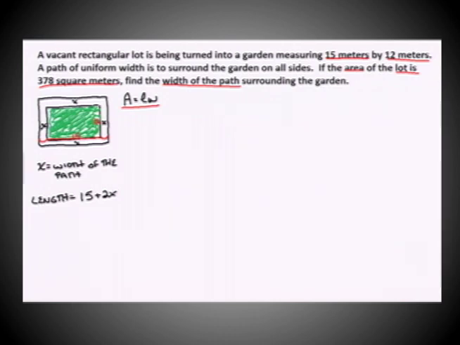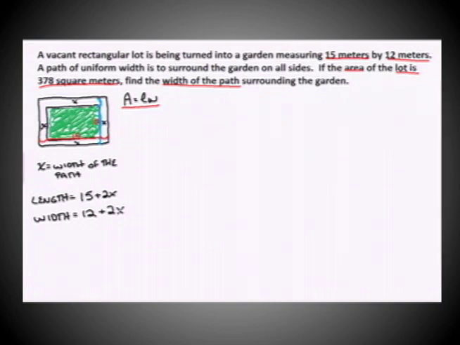Now let's look at the width of the garden. So we're told that the width of the actual garden is 12. However, we also have the path on the top and the path on the bottom to account for. So we could say that the width of the entire lot is 12 plus 2x.